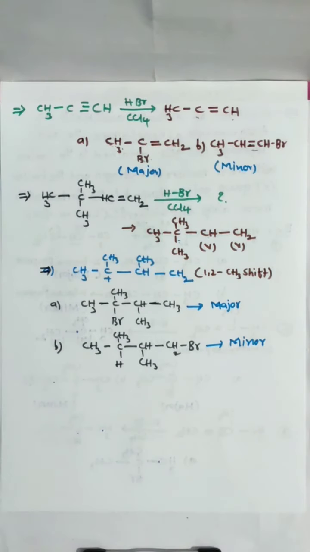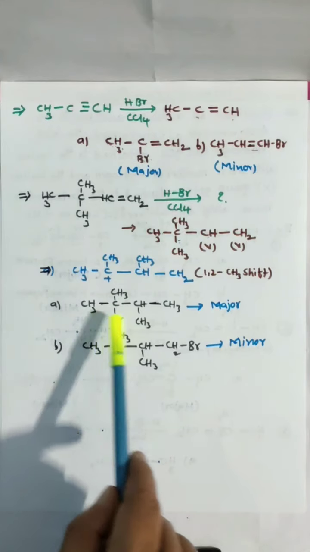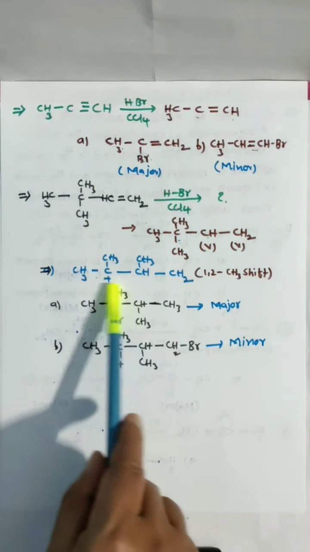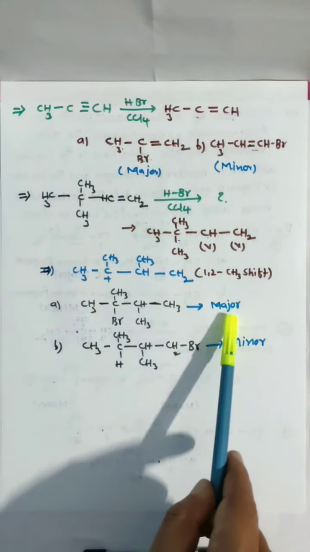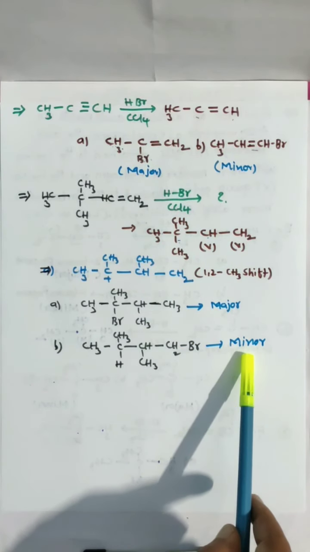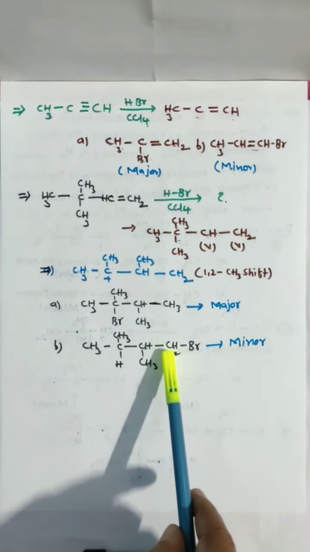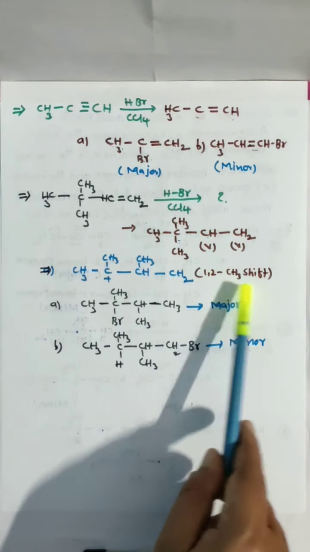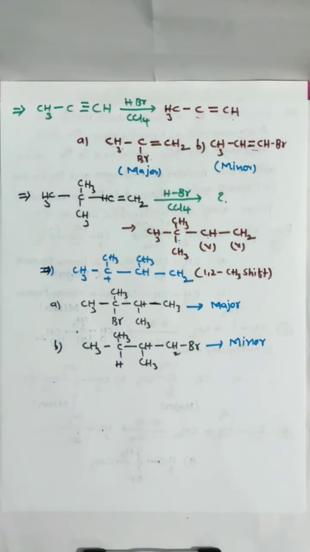If the halogen attached carbon has more substituents, that is the major; less substituents, minor. This is what we call 1, 2 methyl shift.